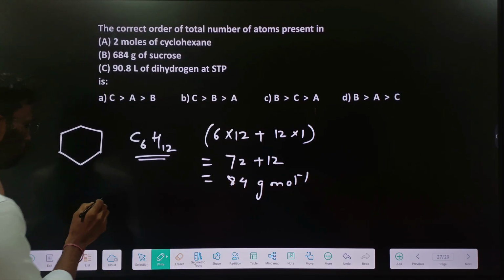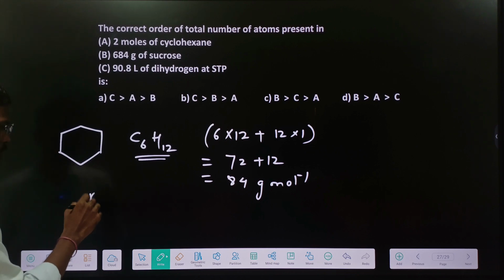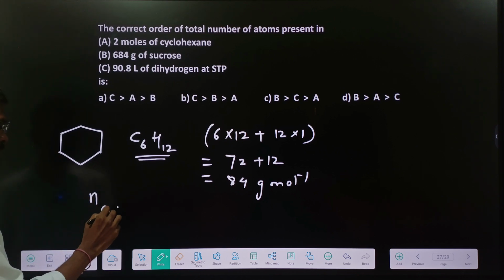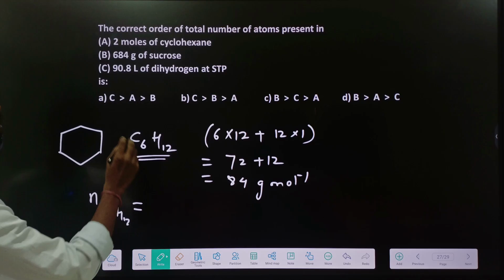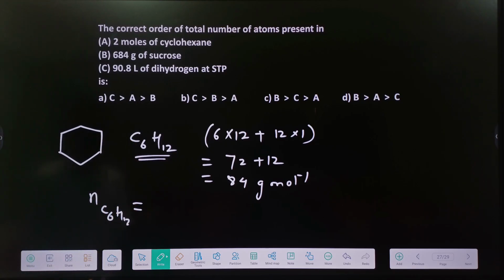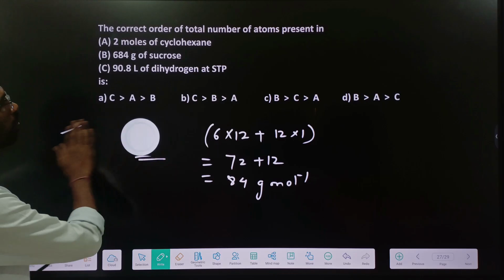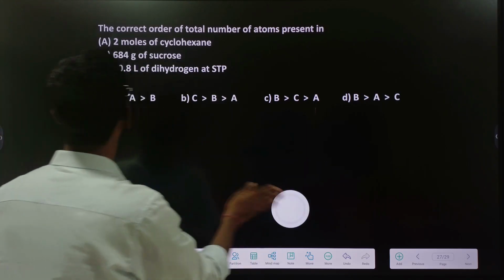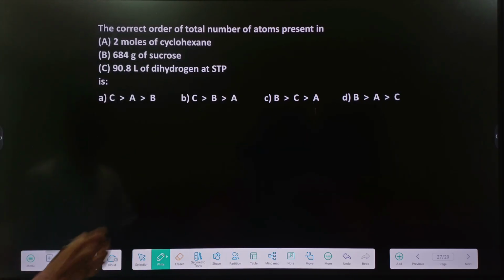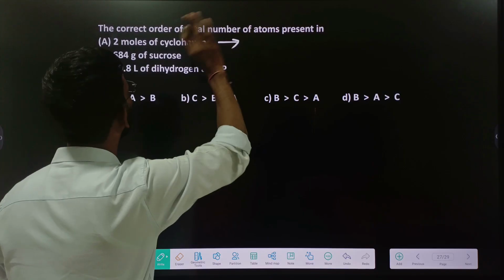So number of moles in cyclohexane, okay, 2 moles of cyclohexane. Why do we have to calculate? Sorry, directly it is given 2 moles of cyclohexane.